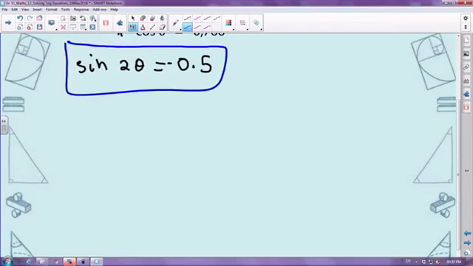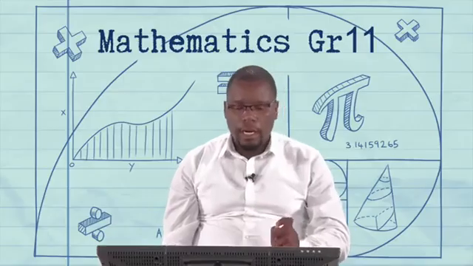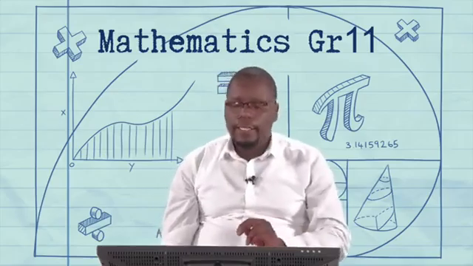So I'm taking you through all the steps. Okay, so this is sine 2 theta equals negative 0.5. We make sure that the trig ratio is the subject of the formula. That's number one, okay? Now, we find our key angle.